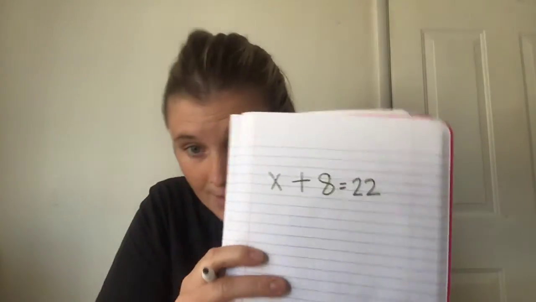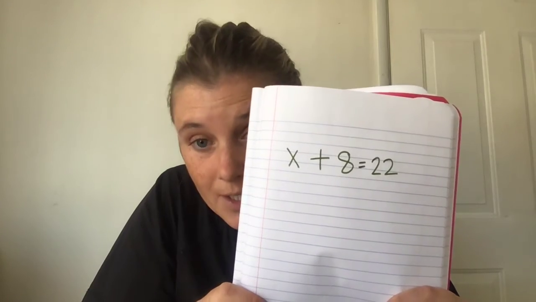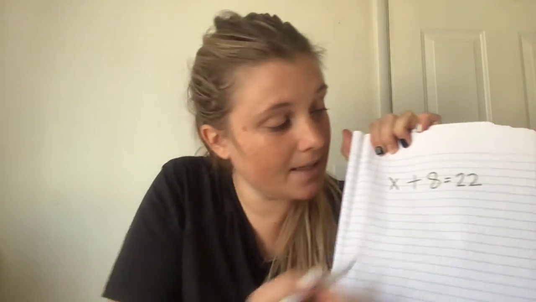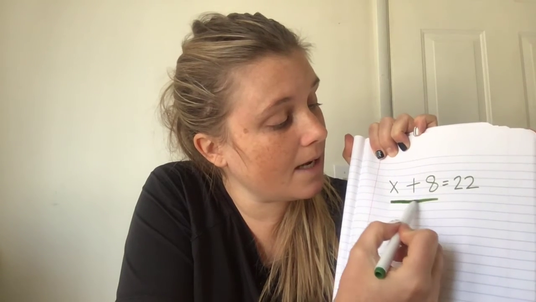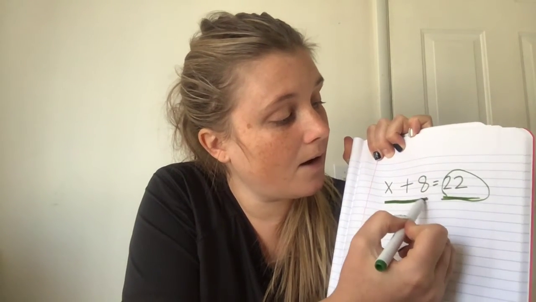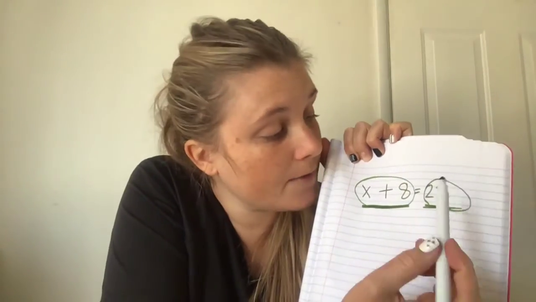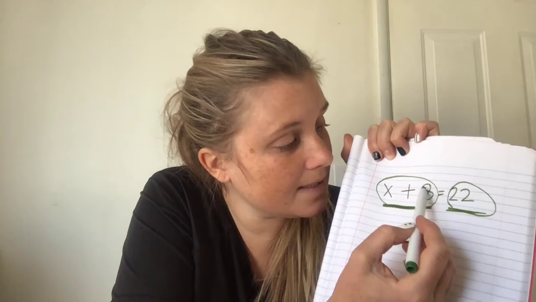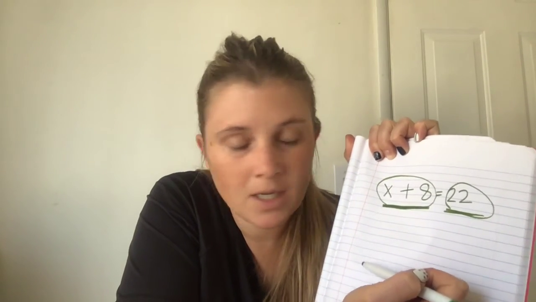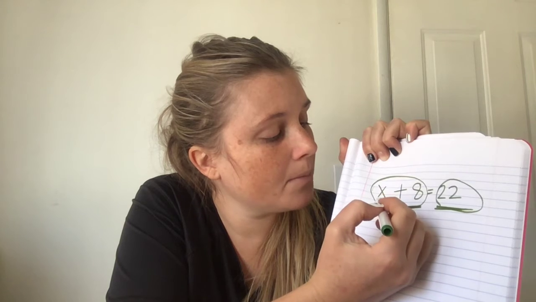Okay, here we go. Write this down as I say it. A number. We don't know it, so I'm going to put a letter. A number plus 8 equals 22. Okay, we've got to balance these. We've got to make these the same so that this side of the equal sign and this side are the same. So we have 22 here. We have plus 8 here. So we've got to figure out what this number is.